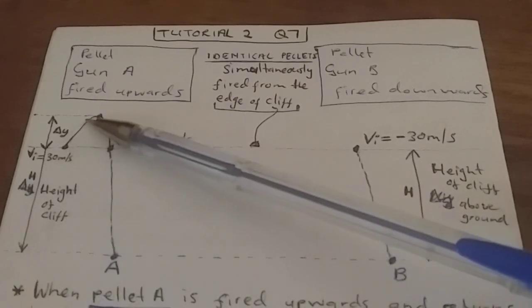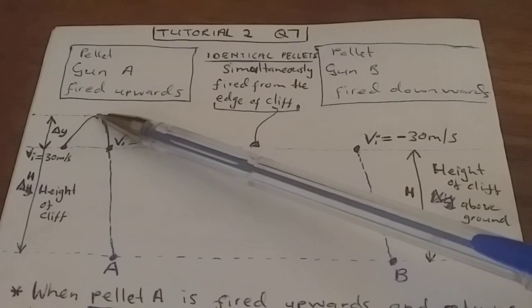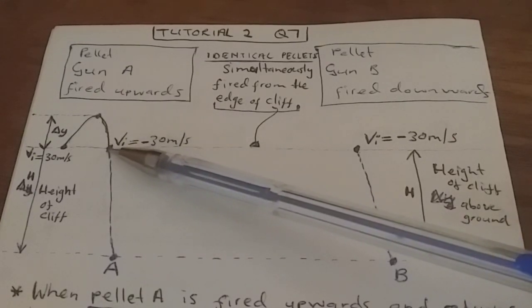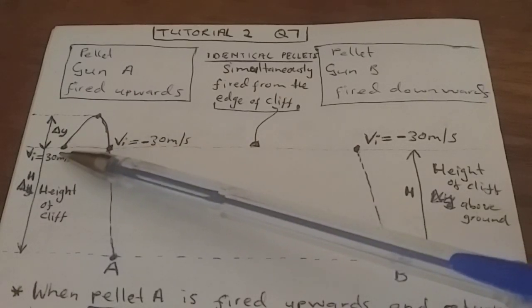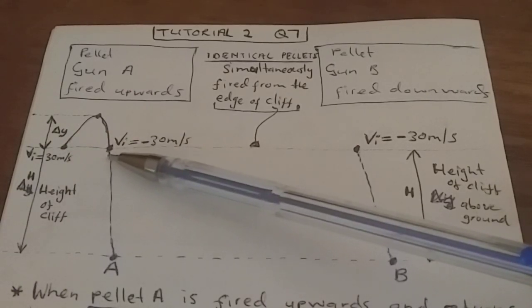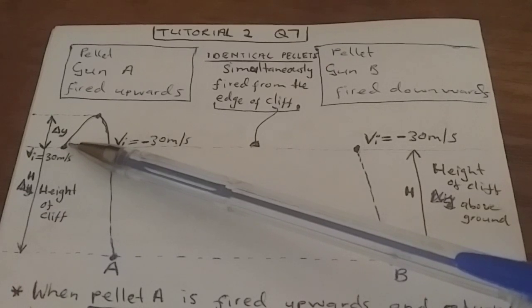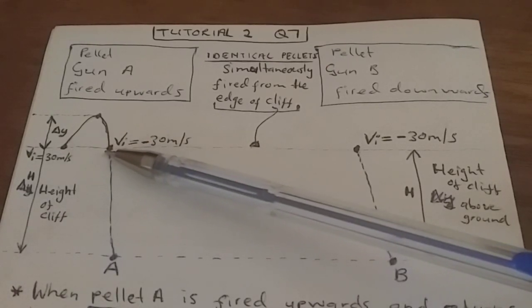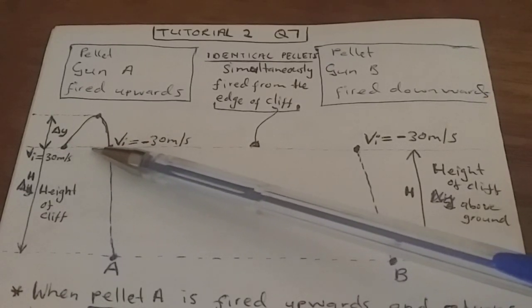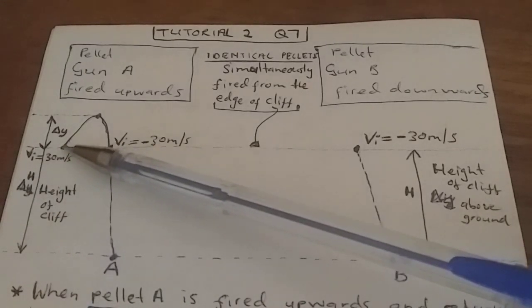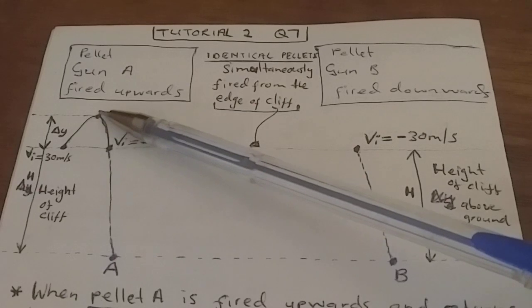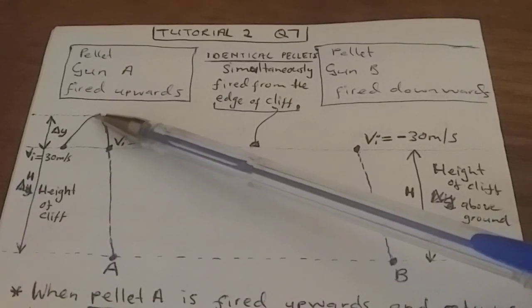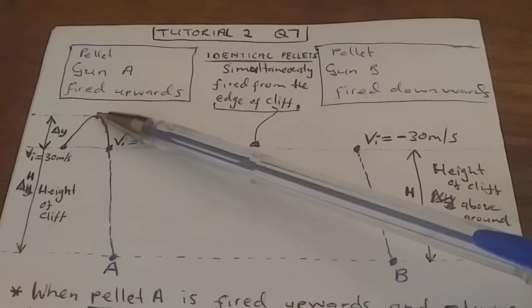So we are firing it upwards and then this pellet returns down until it reaches the same level it was fired from, where the change in y will be 0. It is fired from the initial point, goes up, and reaches the final velocity, which here is 0.